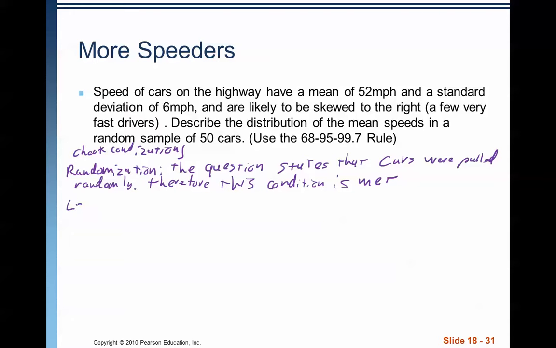The other condition is, is this large enough? The sample size here is 50, and so we can say 50 is a large enough sample. Therefore, this condition is met.